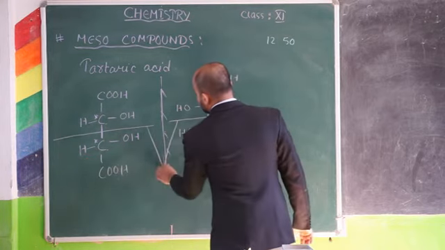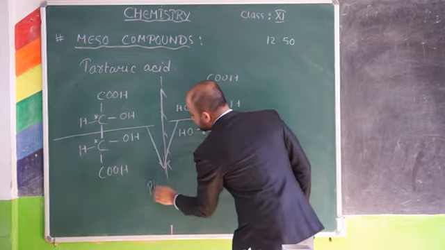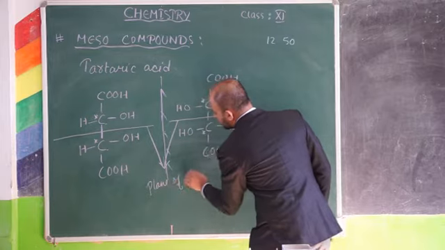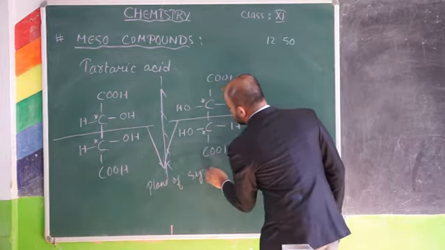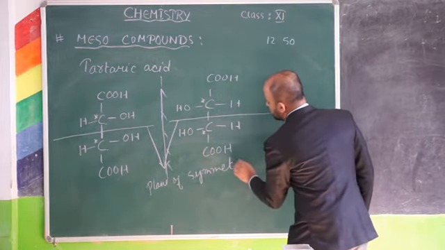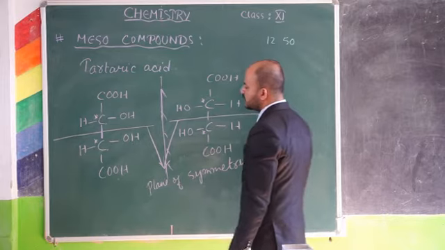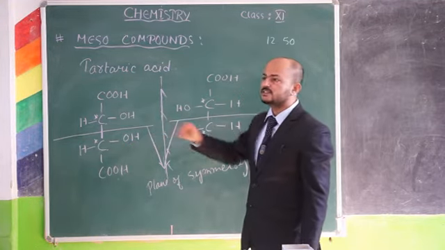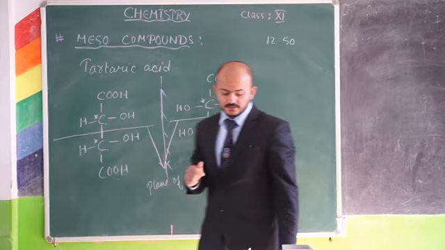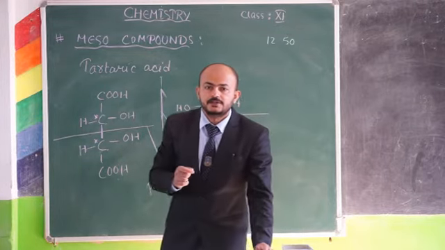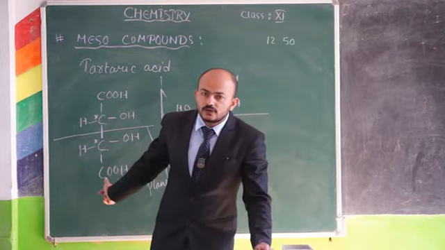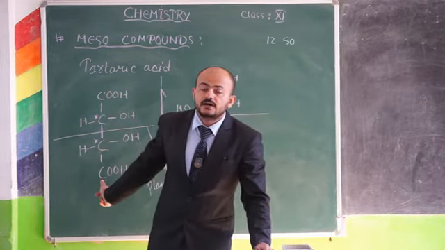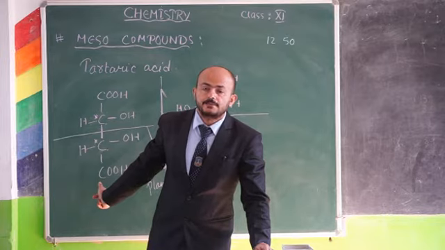These 2 are the plane of symmetry. Okay? And because of the plane of symmetry, it becomes optically inactive. Now one point you have to remember here is, in this case, it becomes optically inactive because of internal compensation.